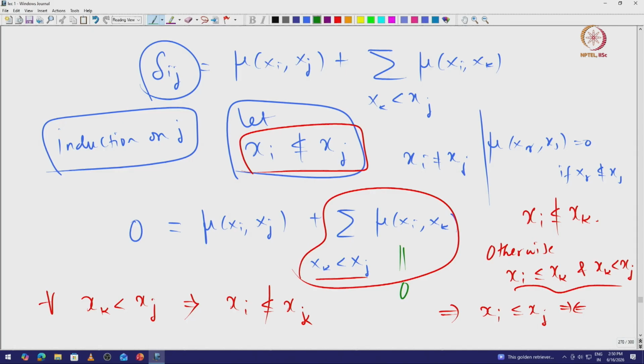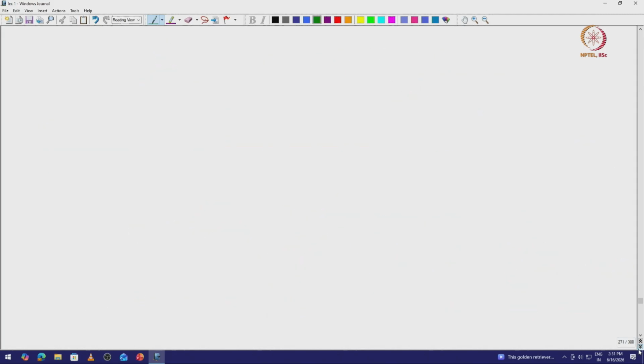Now that would imply immediately that mu of x i x j is 0, and this tells you that mu of x i x j is 0 whenever x i is not comparable with x j. But as I mentioned before, in terms of the matrix, whenever x i is not comparable with x j, that would imply immediately that i is strictly greater than j.